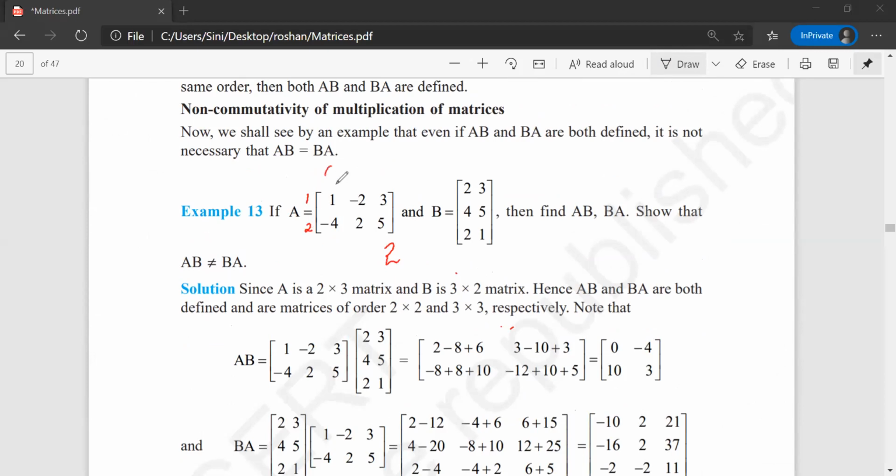How many columns are there? Column 3. So 2 by 3. Row should come always first, column second. What about this one? R1, R2, and R3. This is column 1, column 2. So how many rows are here? 3 by what? 3 by 2. So always remember the step which I told you.